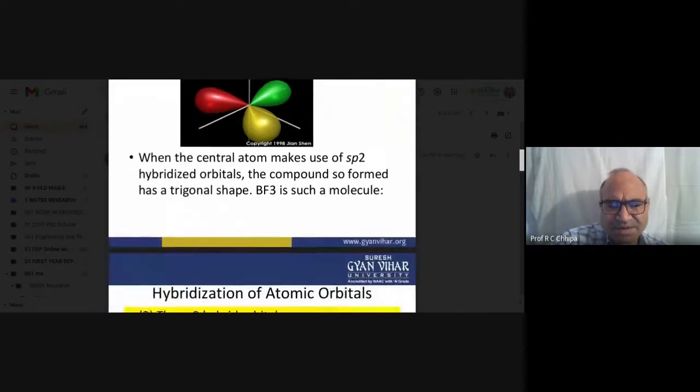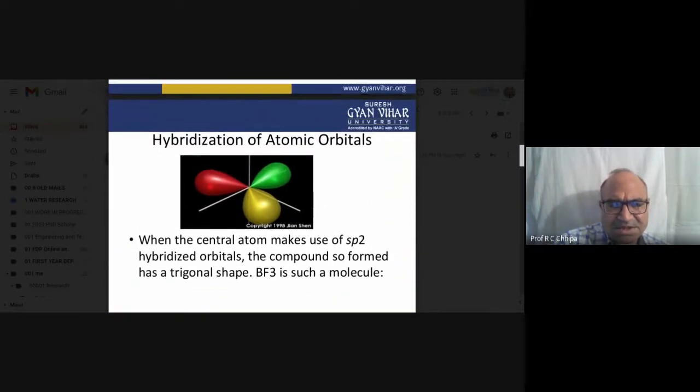In BF3, boron trifluoride, boron in the ground state is 1s2, 2s2, 2p1.